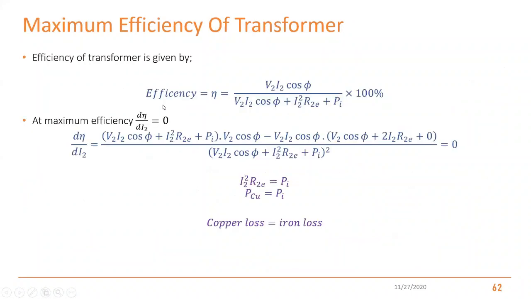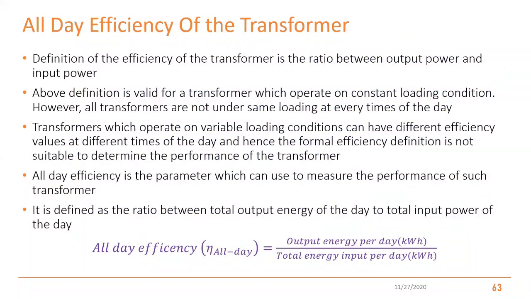Okay, so usually we talk about the efficiency of the transformer, but not all transformers have a constant load all the time. Therefore, some transformers have different loading conditions at different times of the day.